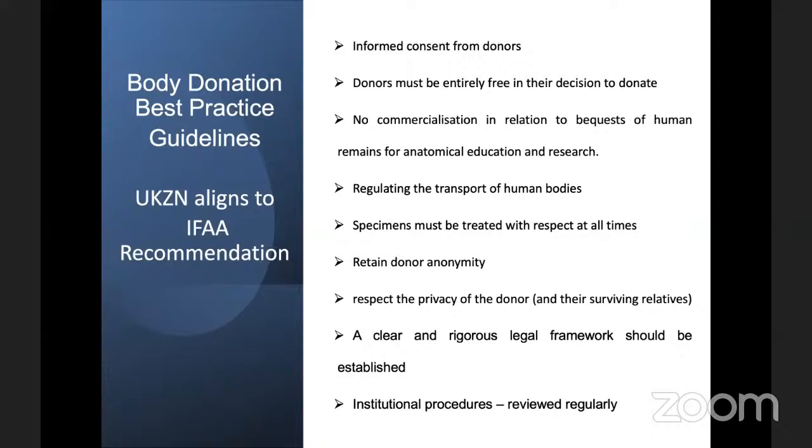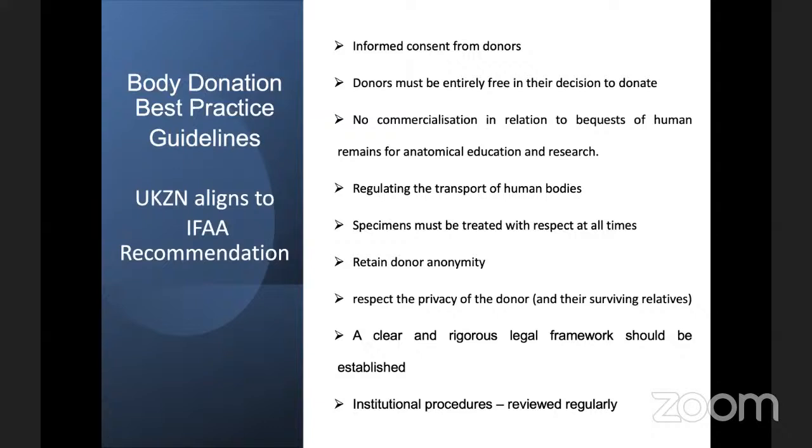Now, usually at university, bodies or body parts may be retained for them to be plastinated or used as prosected specimens for education or research. Now, this can only be done if the donor is informed of such practice and it is agreed upon in writing. Now, these specimens that we retain may not be commercialized in any way.